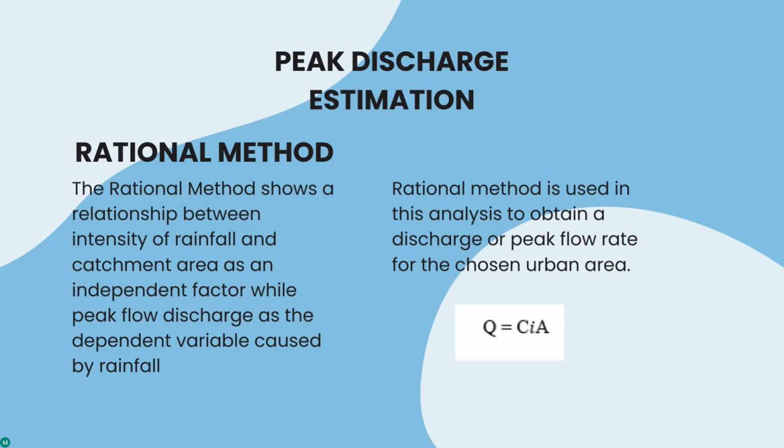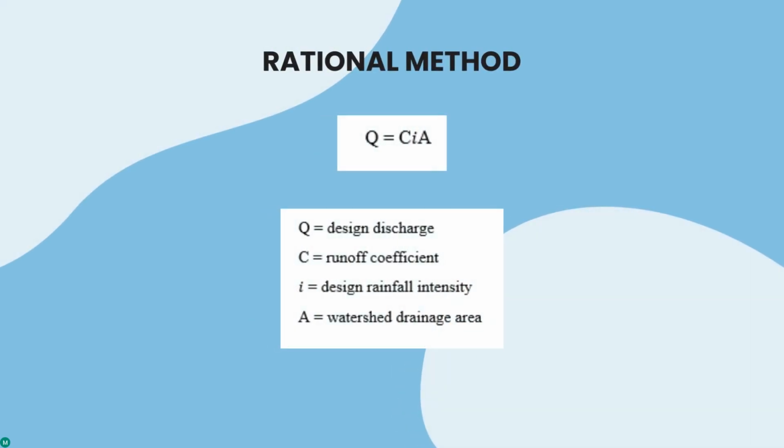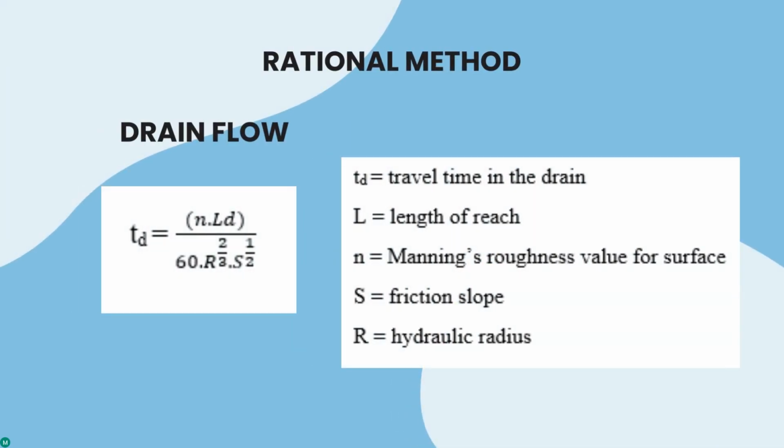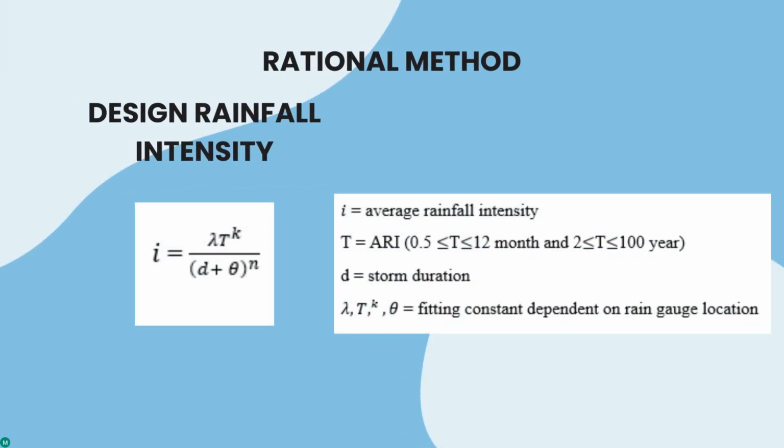The rational method is used in the analysis to obtain a discharge or peak flow rate for the chosen urban area. This is the equation for the rational method, this is the formula to get drain flow, and this is the formula to calculate design rainfall intensity.